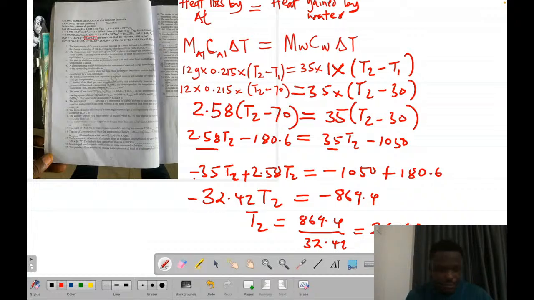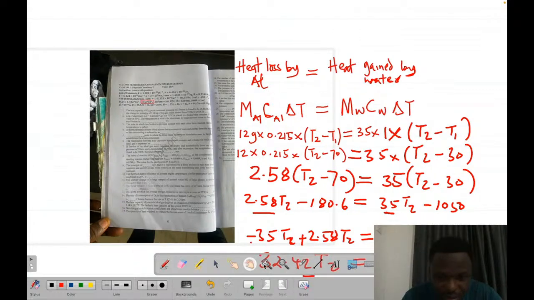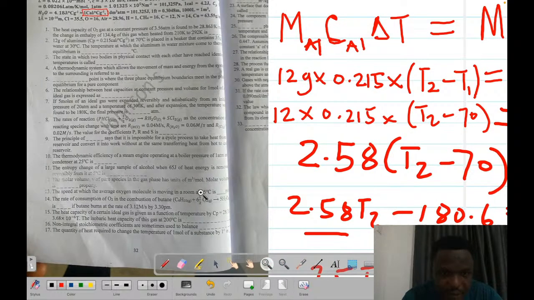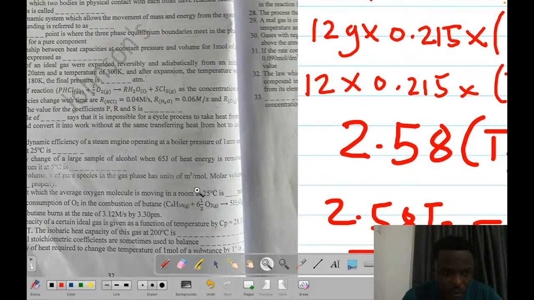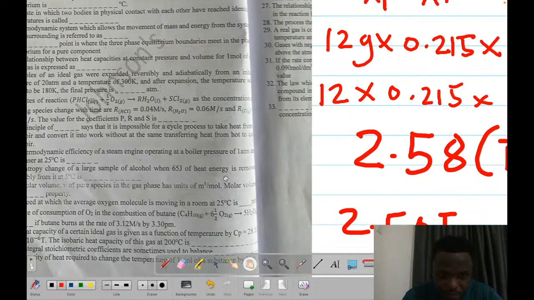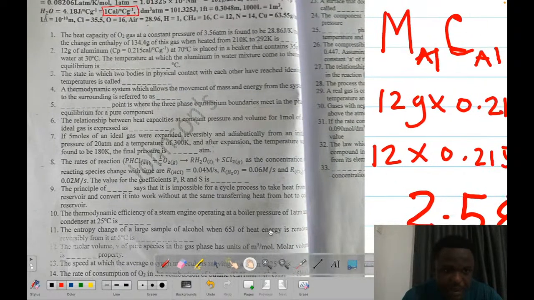Okay, so let's look at question 3. You see, when I say this question number 3, look up. The state in which two bodies in physical contact with each other have reached identical temperature.